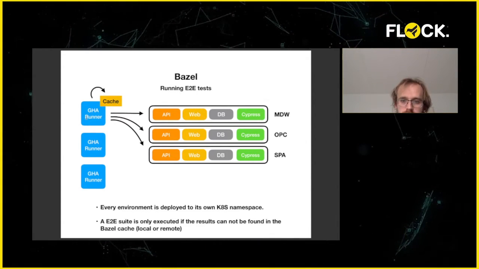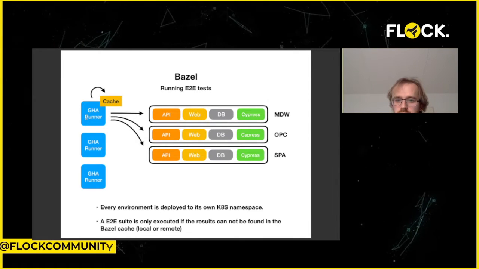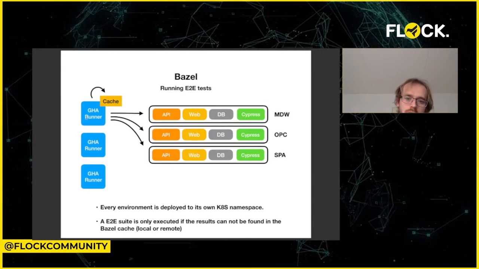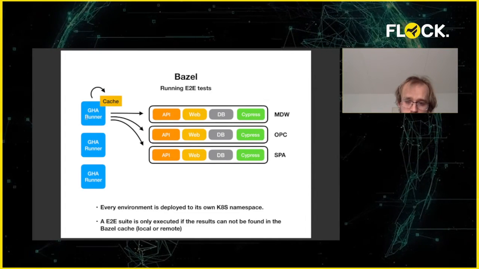Only if there are changes to the API or changes to the resulting Nginx or changes in the test itself, then we will execute the tests inside the Kubernetes namespace.